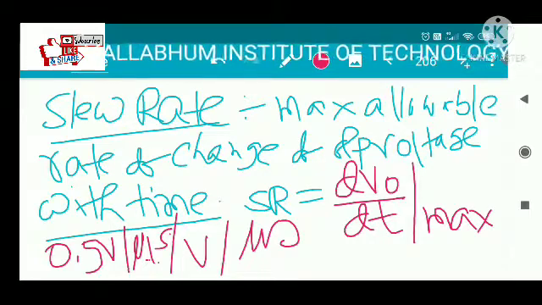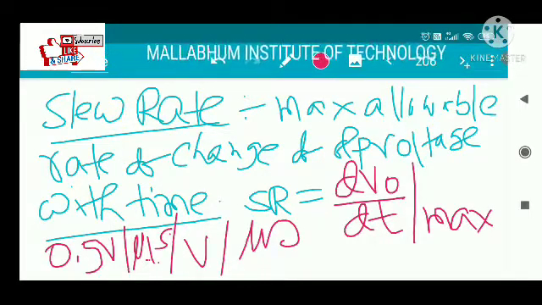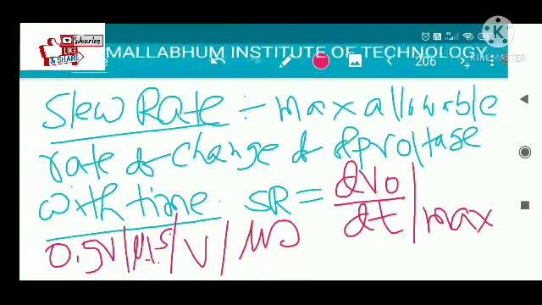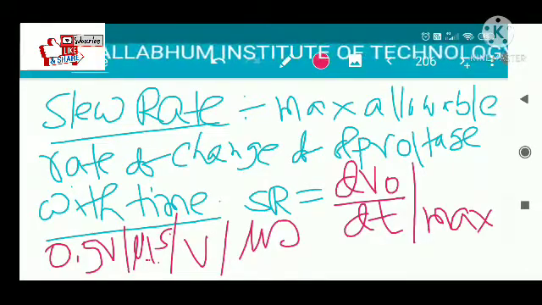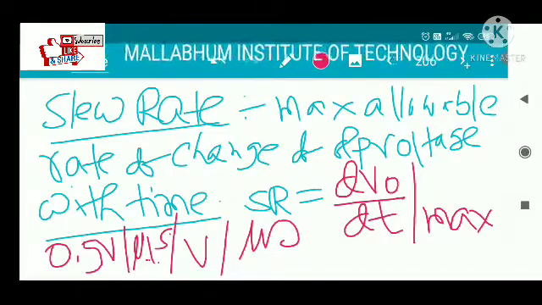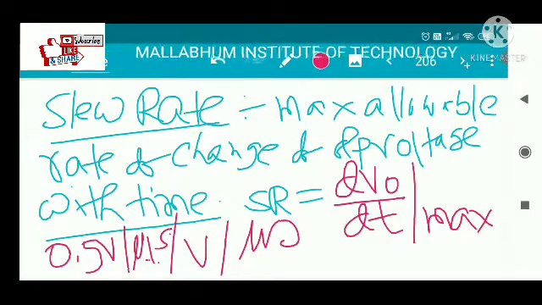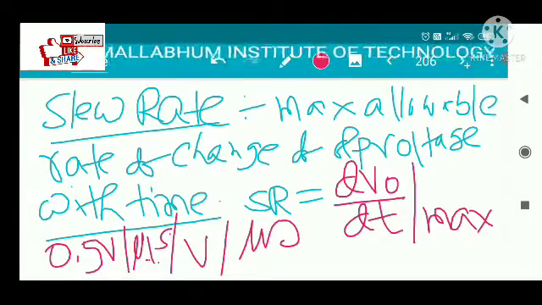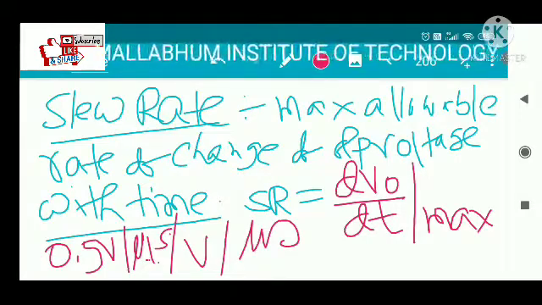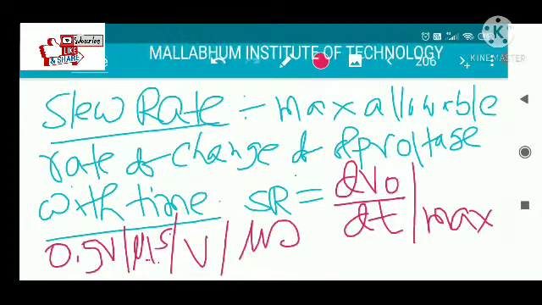I will draw a diagram so that you can get a feeling of what slew rate actually is. Whatever I have said till now is just a definition, so just see the diagram. Normally the slew rate of the operational amplifier is fixed. If the slope requirement of the output signal is greater than the slew rate, the output will obviously be distorted.